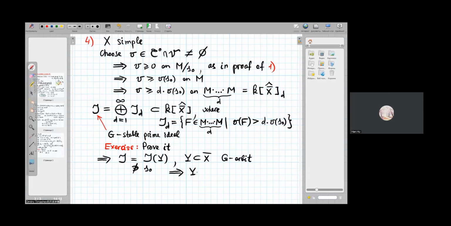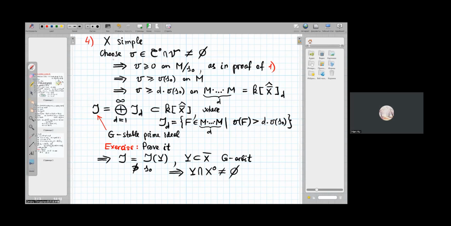This means that Y intersects X zero, this open affine G-stable subset, which is the non-vanishing locus of S0. So this intersection is non-empty.